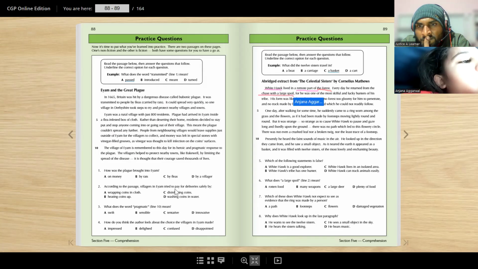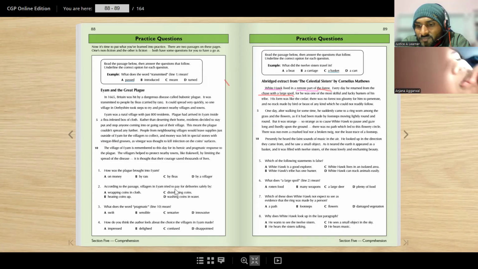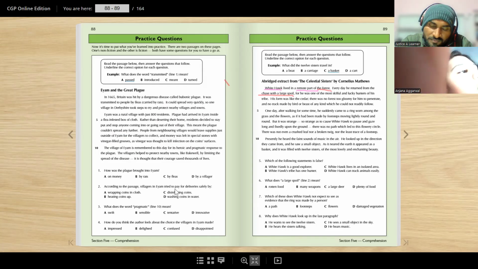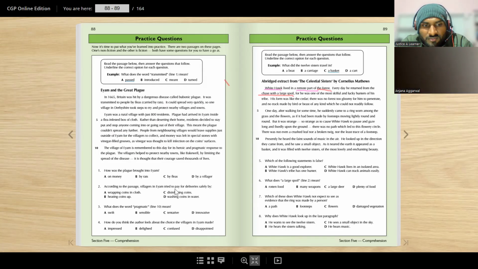What's a spoil? Spoil means to destroy. It has come as a noun here. When we use the word spoil, it can be used as destroying something, or as a noun it may mean destroyed stuff.